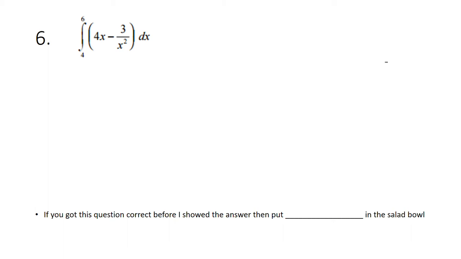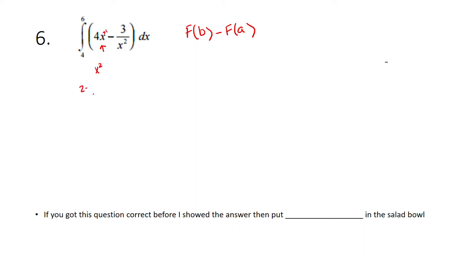Okay, we have another definite integral. I'm going to give you probably 40% of your quiz and test to be definite integrals. So, fundamental theorem of calculus. And let's do it. You reverse the power rule for the 4x, so you add 1, and that becomes x squared.